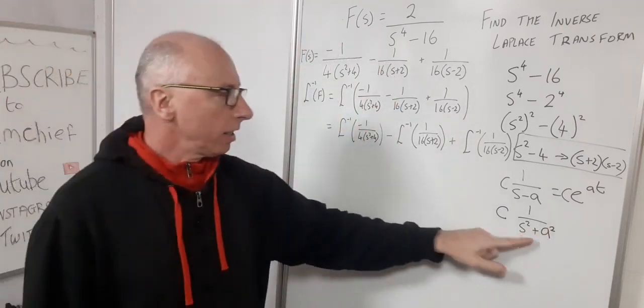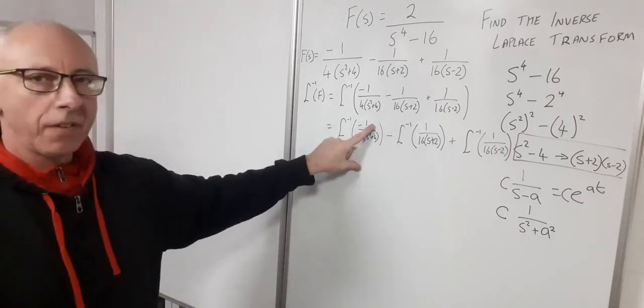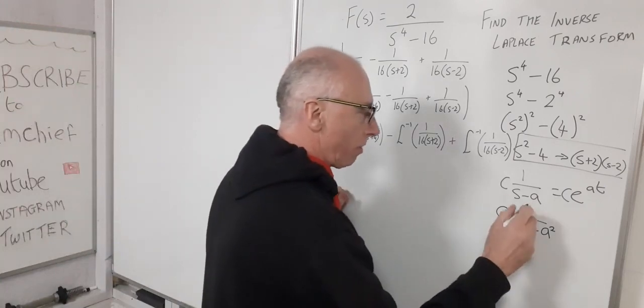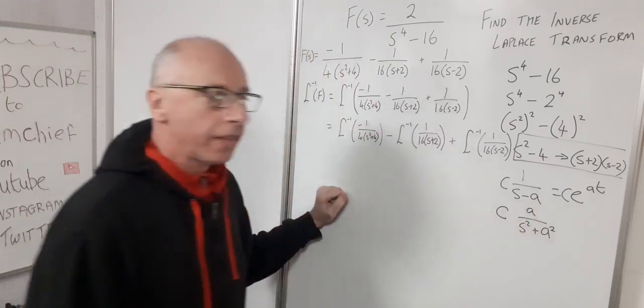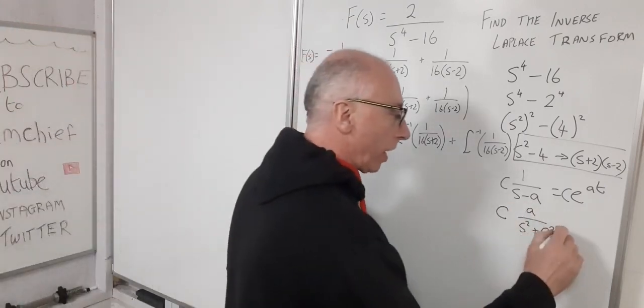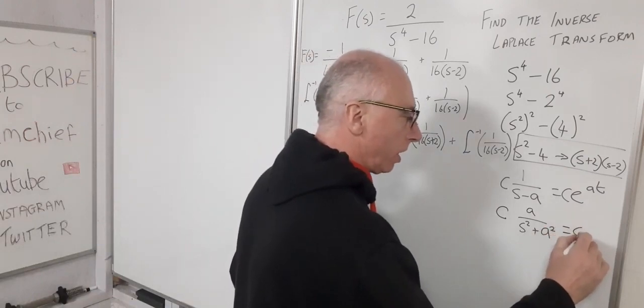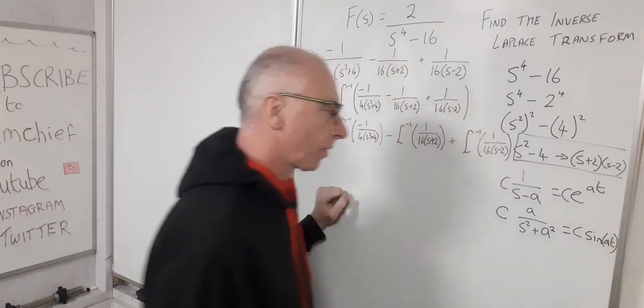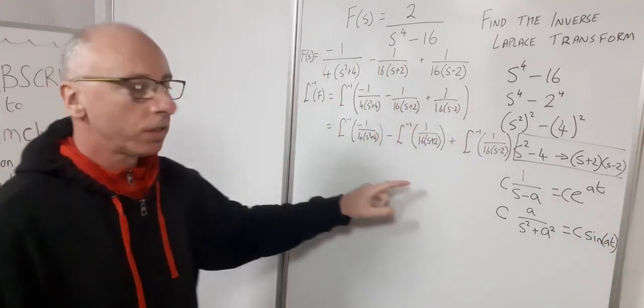If I have a in the top, then that will give me a result of a sine function. So that will give me c times the sine of at. So a would be a constant to be found.